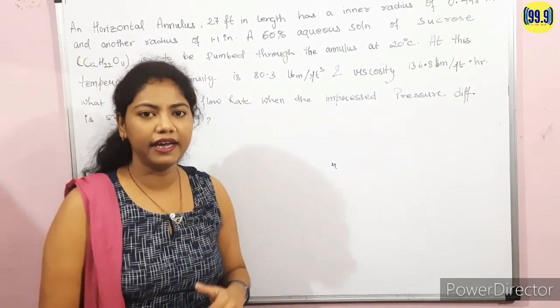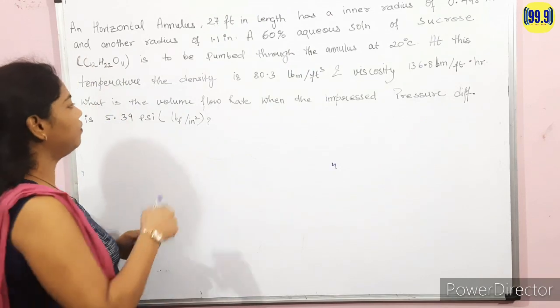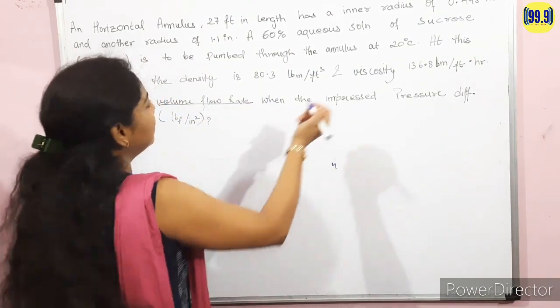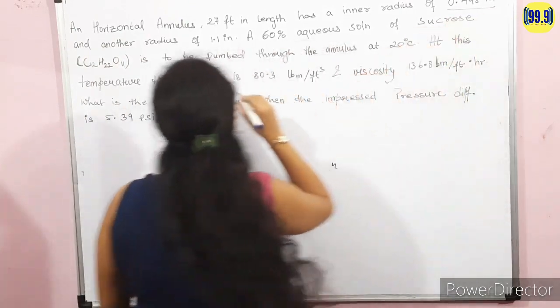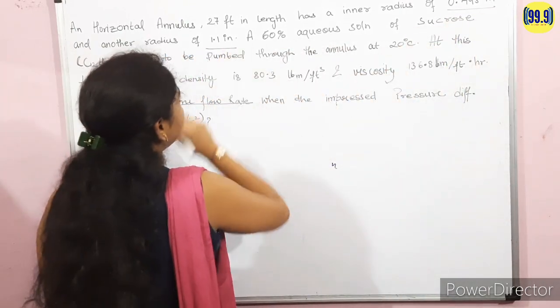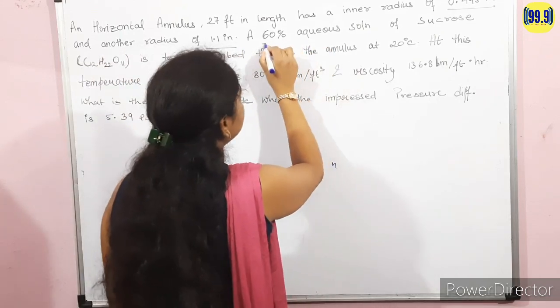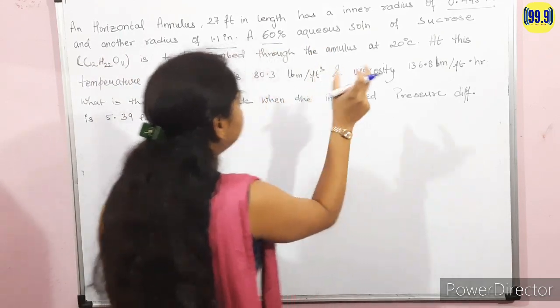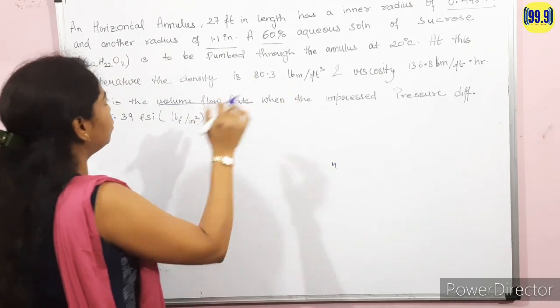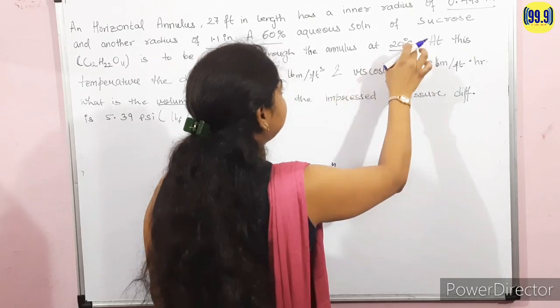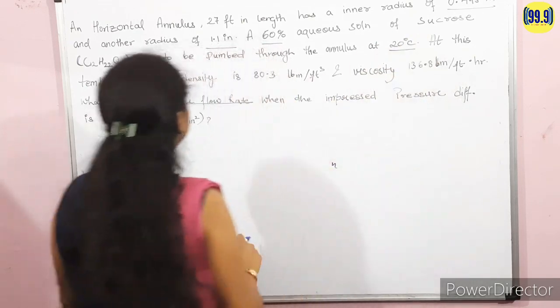So we have to calculate the volume flow rate, and in the given data we have this is the inner radius, this is the outer radius, 60% is the amount of sucrose, and we are also given the temperature, that is 20 degrees centigrade.